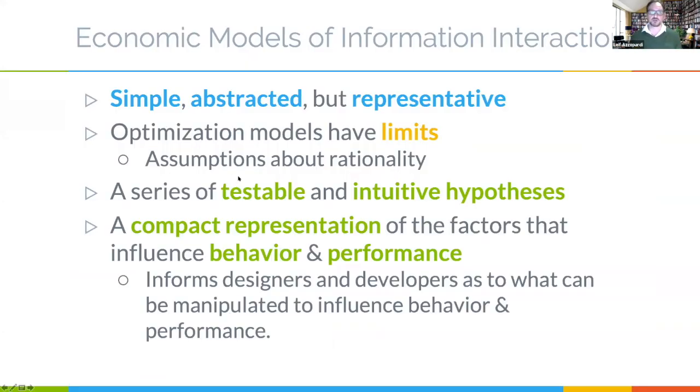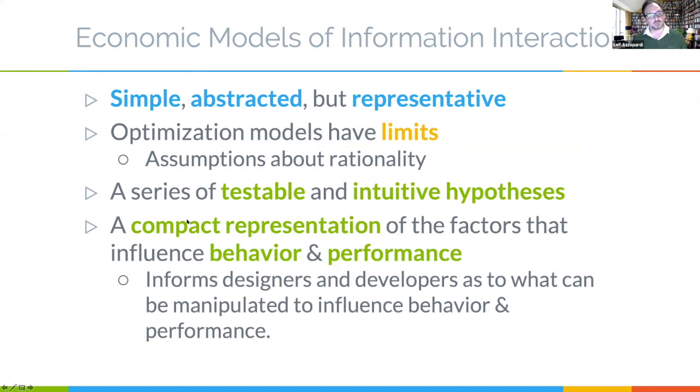These economic models that we've been developing tend to be quite simple and abstracted, but they're representative of the key interactions that people have. Jeremy has already talked about the idea that people are irrational. And yes, people do have certain cognitive biases that may limit their abilities, but when we think of these models as an optimization model, we can add in different bounds to their rationality.